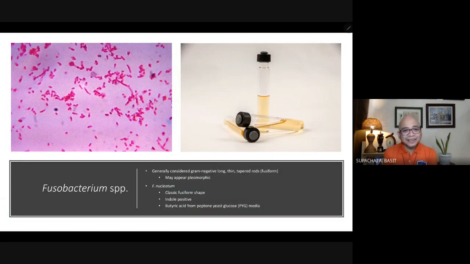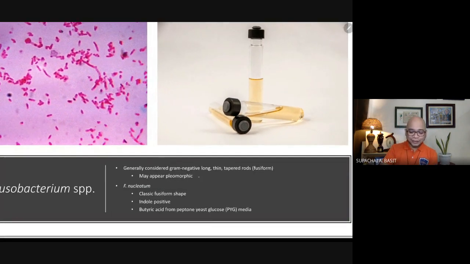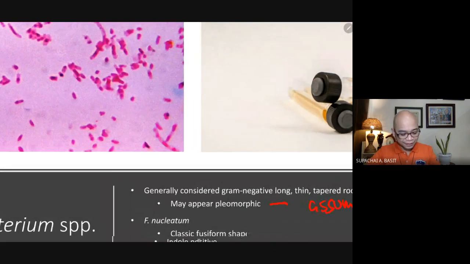And we also have here Fusobacterium, generally considered as gram-negative, tapered rods, fusiform. So many appear pleomorphic. So again, when you say pleomorphic, it means that they can assume a variety of shapes. Okay? So they are a classical fusiform shape, such as the one that you can see here.